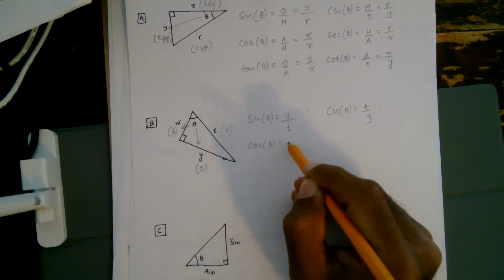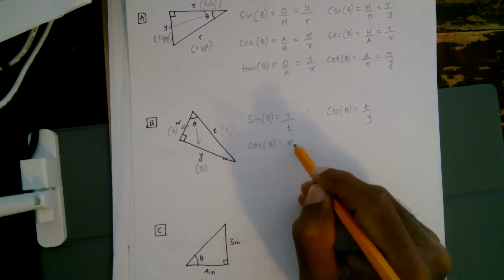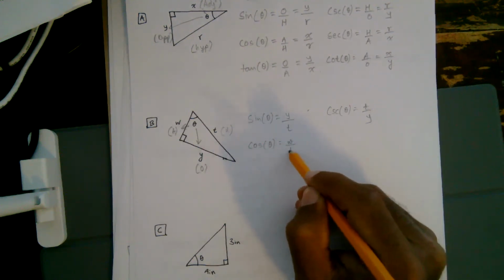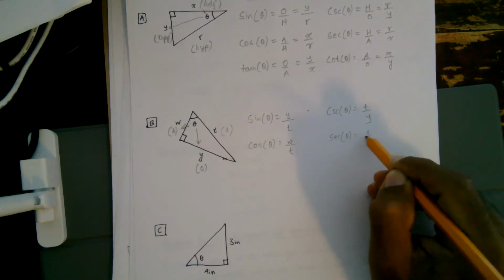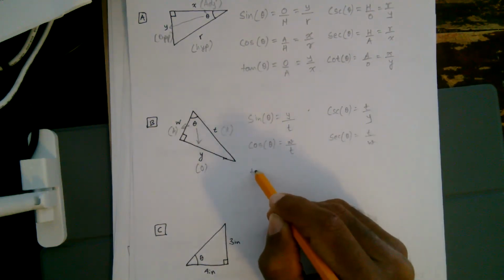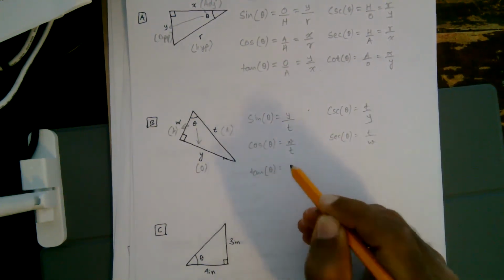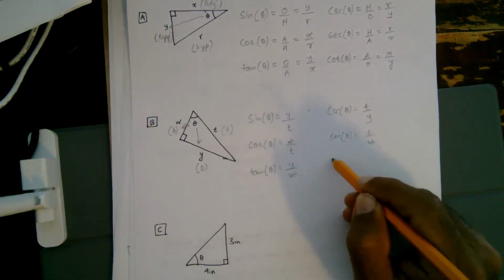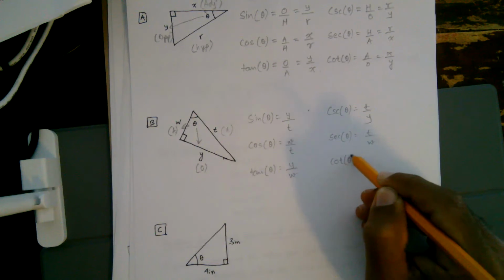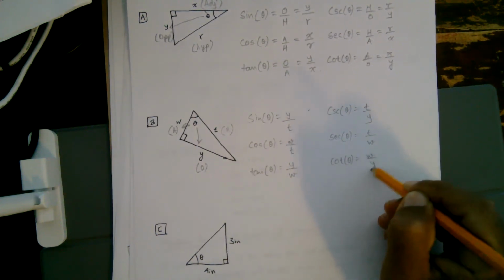Cosine theta is adjacent, which is w over hypotenuse, which is t, and the reciprocal secant is t over w. Tan theta, opposite over adjacent, so y over w, and the reciprocal cotangent is w over y.